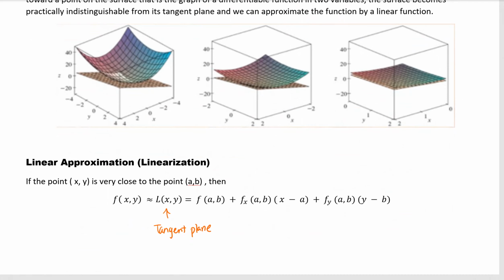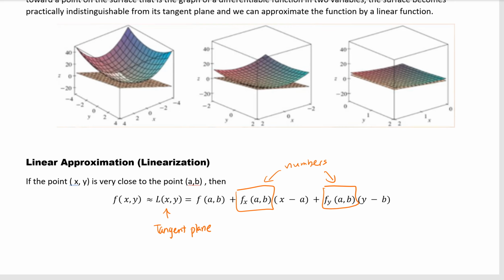Okay, and we know the tangent plane is f of (a, b) plus partial f partial x times x minus a plus partial f partial y evaluated at (a, b) times y minus b. Okay, keep in mind these two are numbers, not functions.